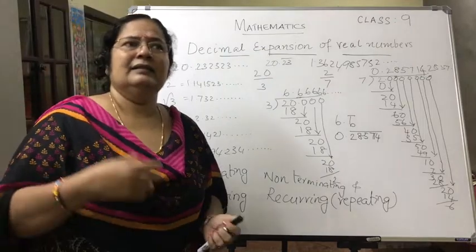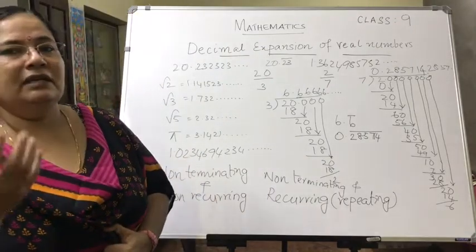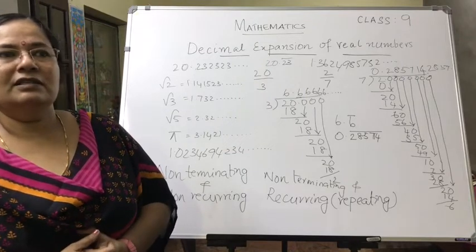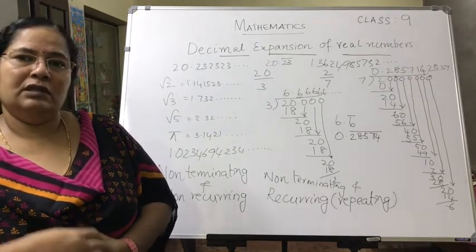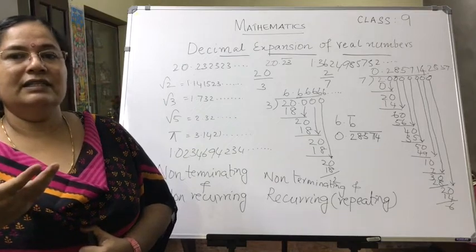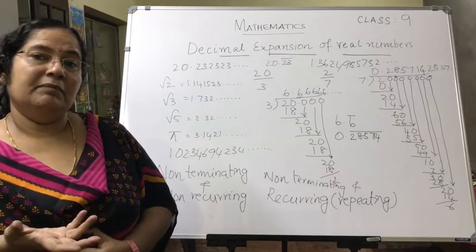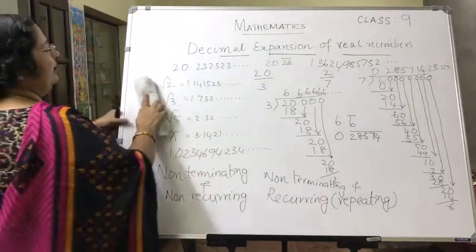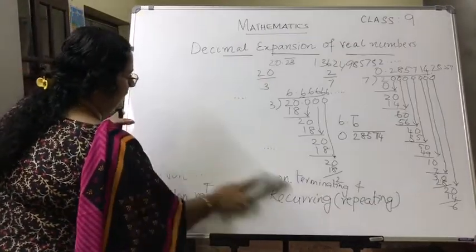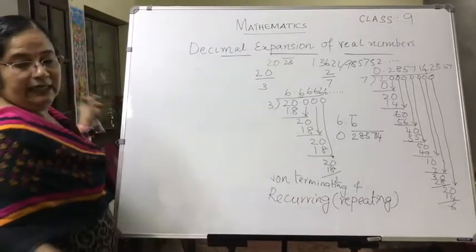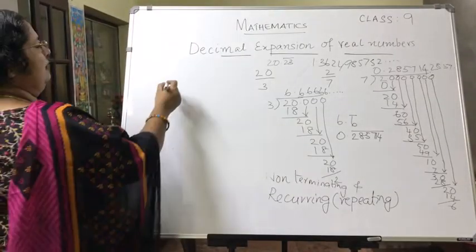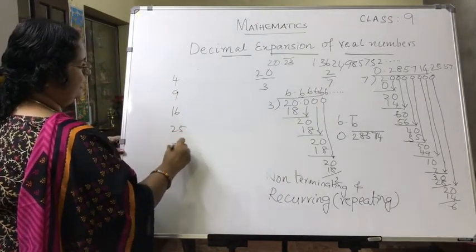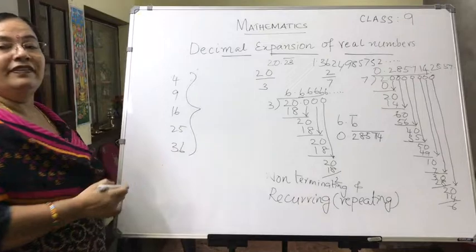See, last day somebody had posted a doubt. The question was, are root 4, root 16, root 25, root 36 rational numbers or irrational numbers? Now let me give the clarification for that. See, if you take the numbers 4, 9, 16, 25, 36, what do you call these numbers?